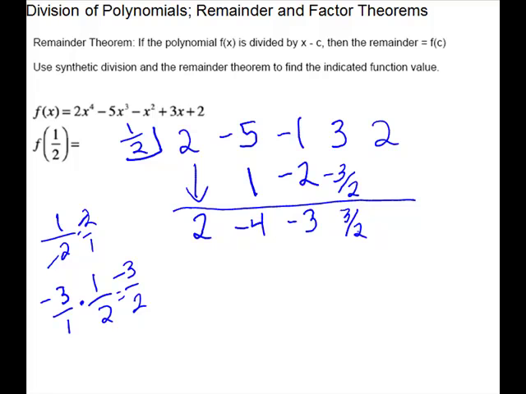Right, and then positive 3/2 times 1/2. Nothing cancels for us, so this gives us 3/4, multiplying across, and plus 2. You would want them to all be the same.